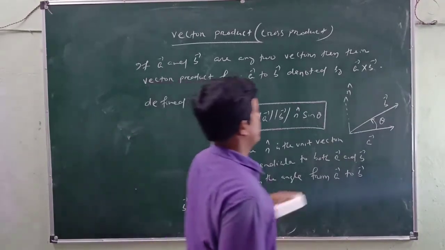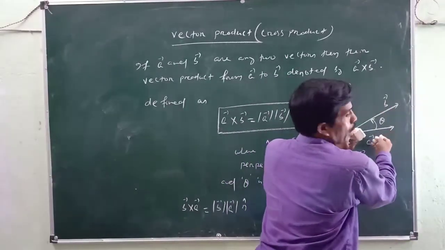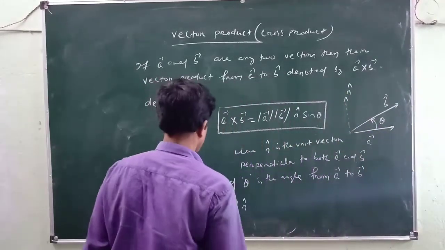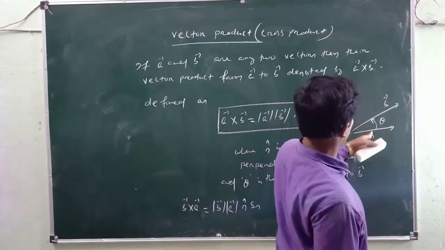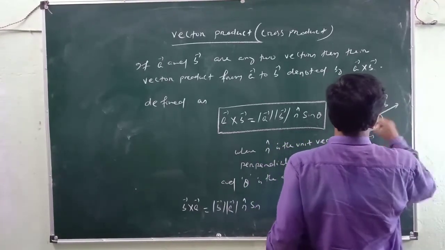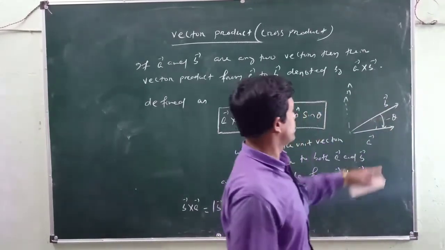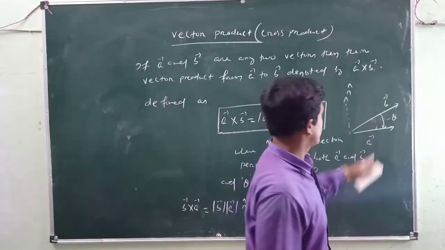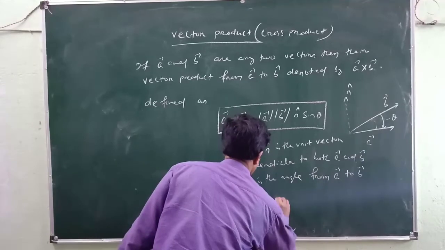In both cases, the unit vector will be n cap, perpendicular to both A and B. If the angle from A to B is theta, then what is the angle from B to A? It will be minus theta, because it is in the opposite direction. We take it as anti-clockwise, then here clockwise. So here minus theta.